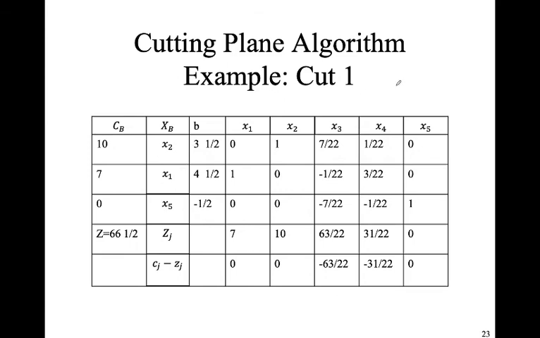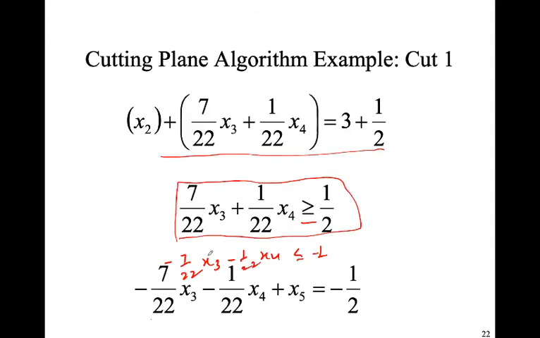So now you can see one extra column has been added. Because there is no contribution of x5 in constraints number 1, 2, that is why at the third place the value of 1 would come here. Okay. And this entire equation has been added here.